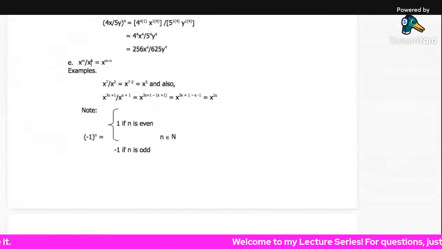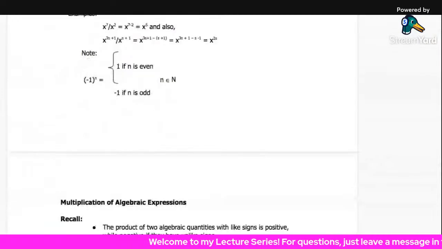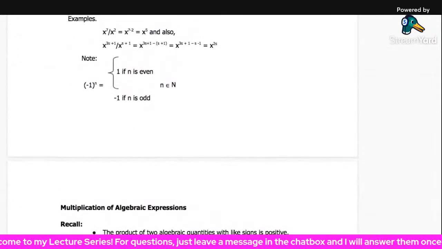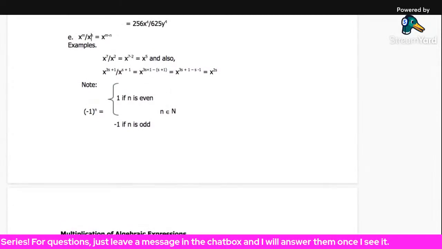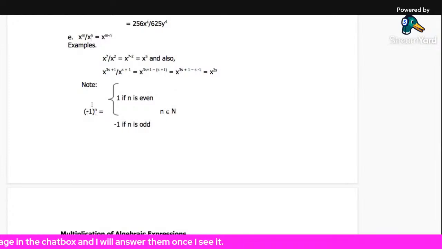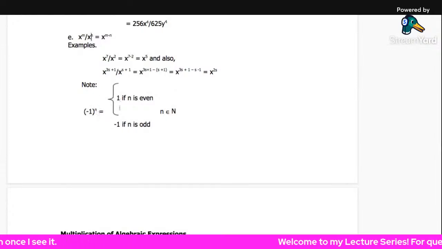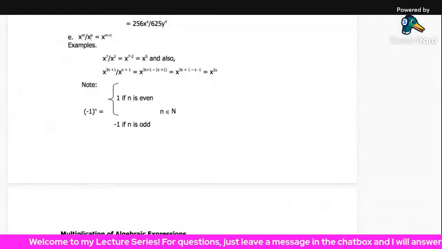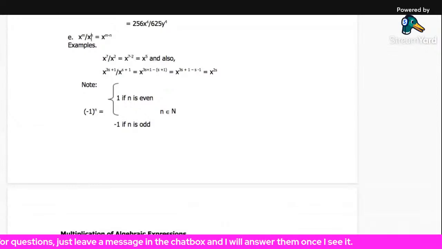Now, it says here, note that 1, this is a different law. For example, if we have negative 1 raised to n, negative 1 raised to n is positive 1 if n is even. So if your exponent is even, let's say 2, negative 1 times negative 1 is always a positive 1. Now, if it's odd, then it will be negative 1.